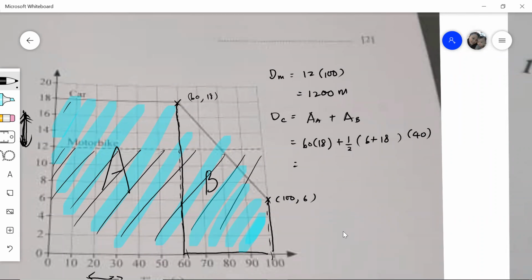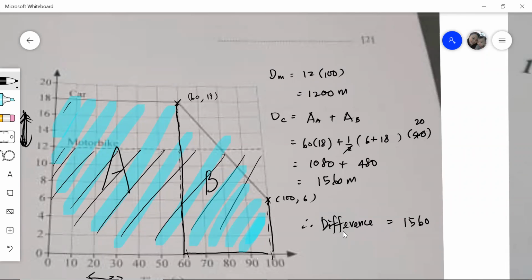We have 60 times 18, which gives us 1,080. And then plus this one, we can simplify first: 6 plus 18 times 20, so 480. You add this together, and that will give us 1,560 meters.